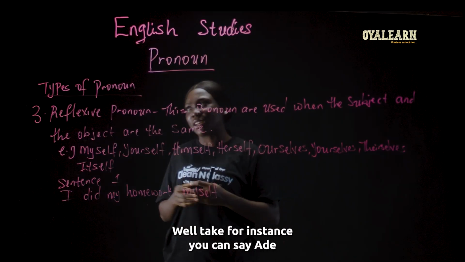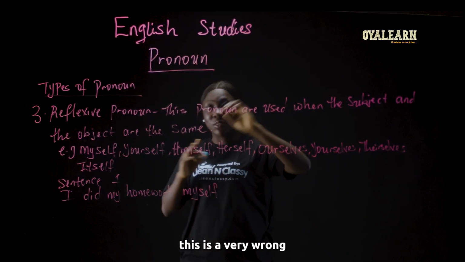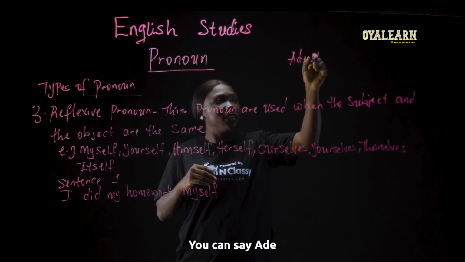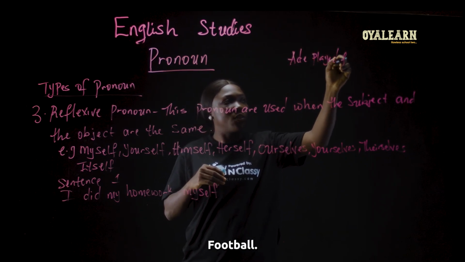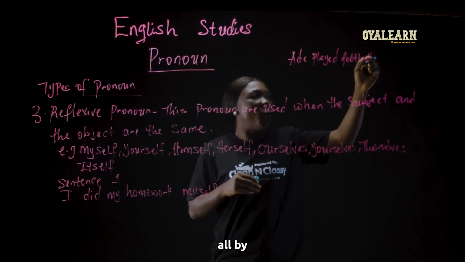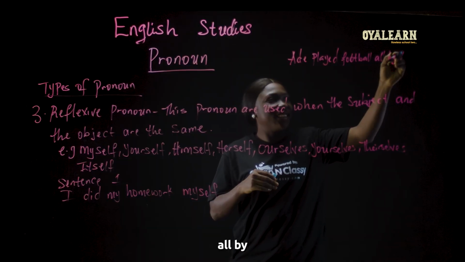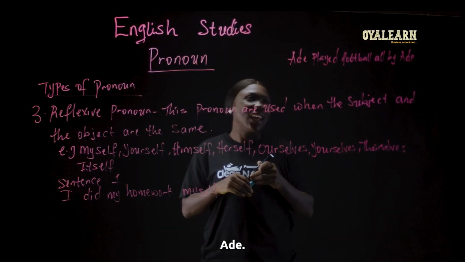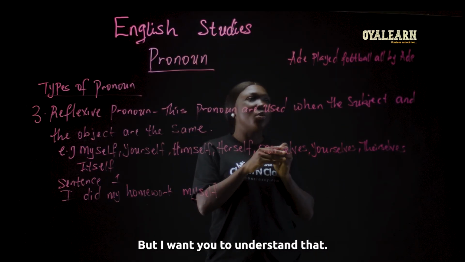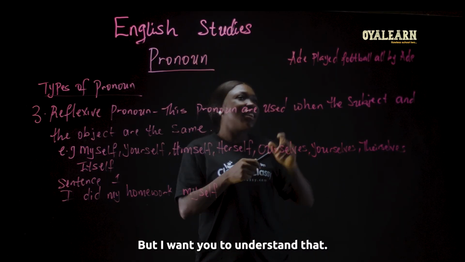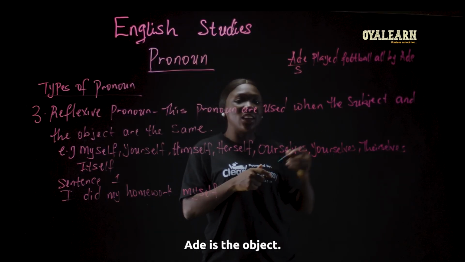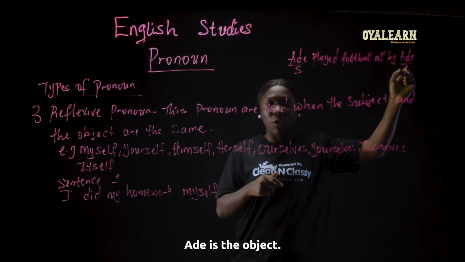Or take for instance, you can say, this is a very wrong sentence, but it will make you understand what I'm saying. You can say, they played football they. This is a very wrong sentence, right? But I want you to understand that the first "they" is the subject, while the second "they" is the object.